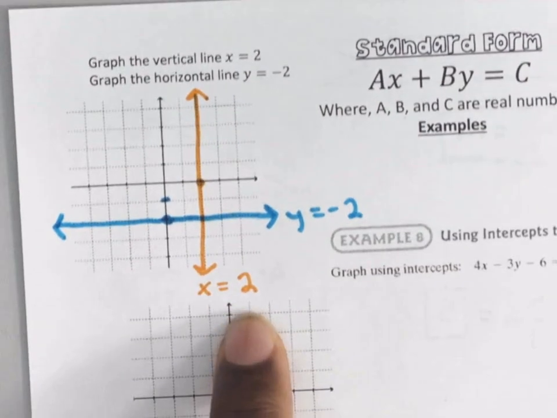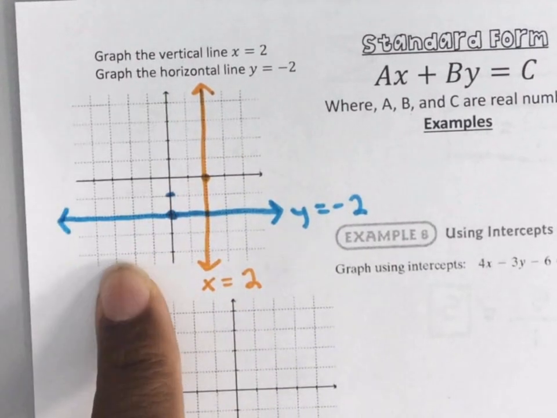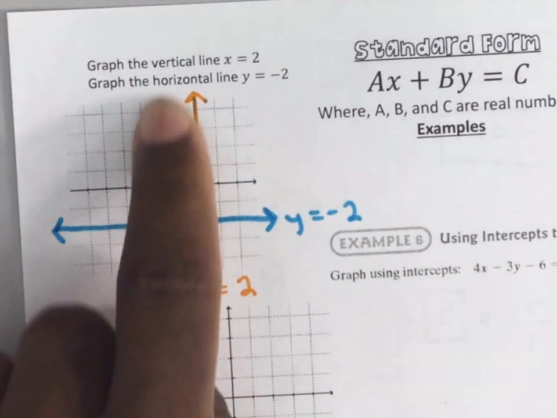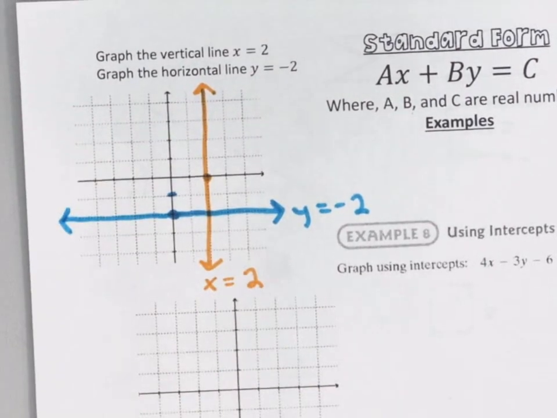And with these, you just go to the value. If it was x equals negative 3, you go to negative 3, vertical graph. X equals 0, go to 0, vertical graph. Y equals, go to that point, and then graph it.